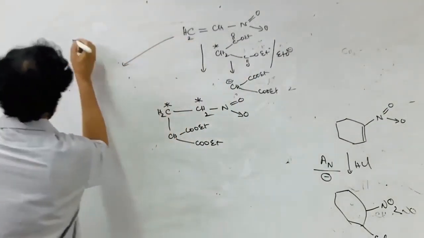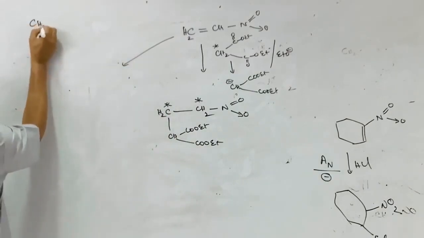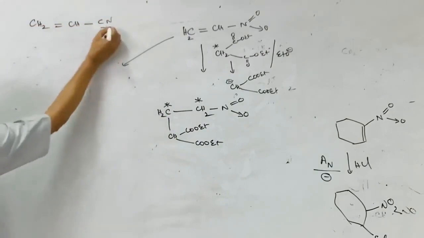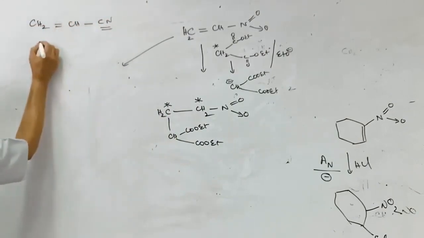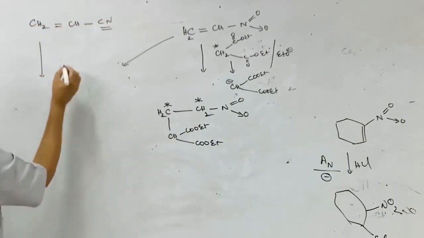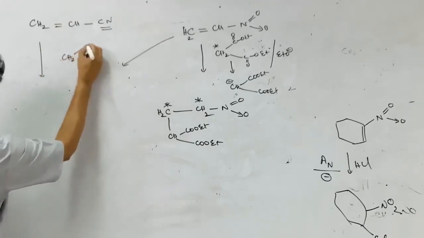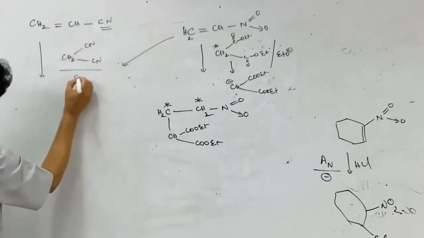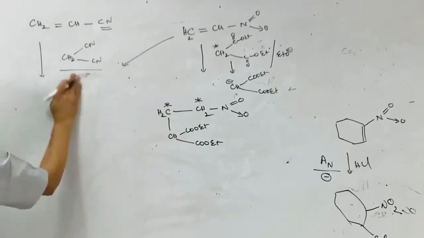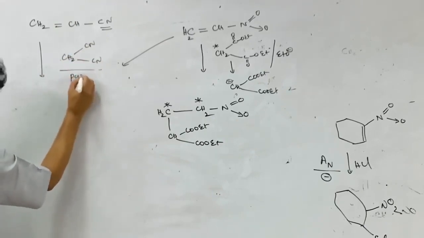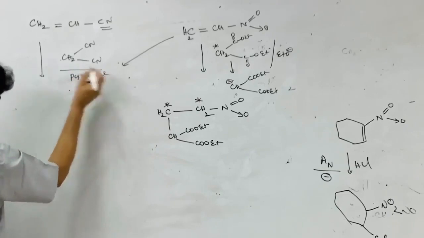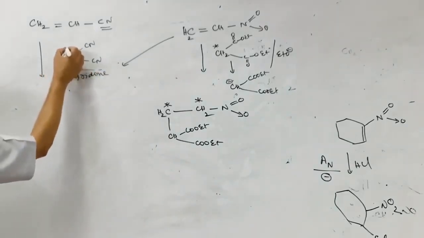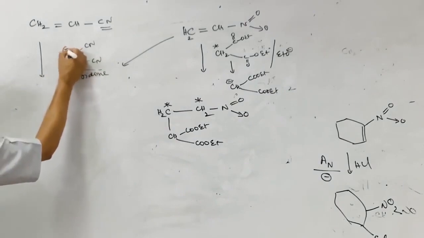Now let me take CH2 double bond CHCN, an electron withdrawing group activated ethylenic center. I am treating this with CH2CN, with a base like pyridine. Pyridine is a base. Remember, ammonia and pyridine are all bases. I am using a weak base. Here, this is converted to the carbanion.